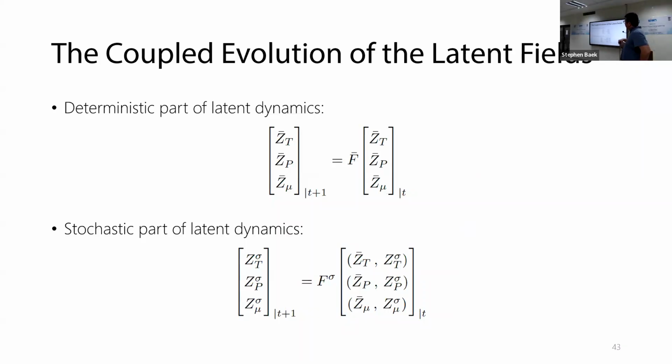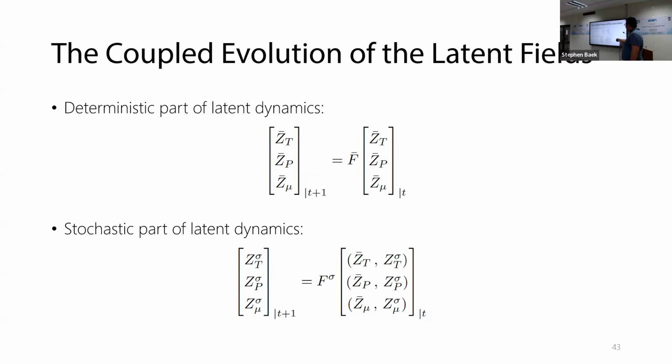So how do we learn the dynamics now that we have the reduced dimensional encoding? Here we introduce this capital F as an operator that defines the dynamics in the latent space. In that reduced dimensional space, in the space of Z's, as opposed to the original T, P, and mu, we have now the Z bar T, Z bar P, Z bar mu stacked up together to represent the state in the latent space.